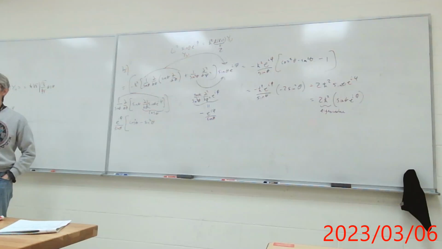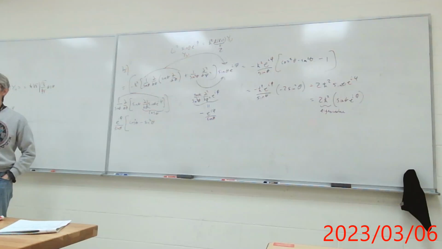That's the dagger of this, gives me this, and this is <r, theta, phi plus d phi|, which means that R of d phi k hat operating on <r, theta, phi| backwards gives me <r, theta, phi minus d phi|.